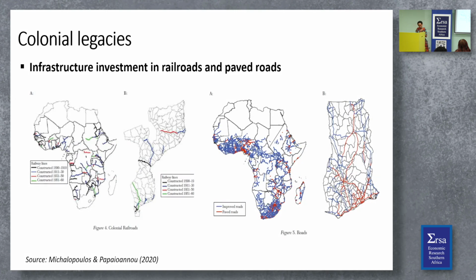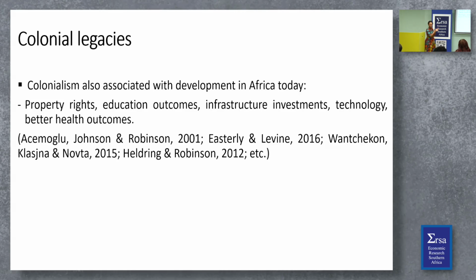Yeah. So let's talk about the opposite side of colonialism, right? We cannot ignore the fact that we cannot undersell colonial investments in Africa. And there is enough literature. If you look at the three slides of references, you will find papers that talk to this.